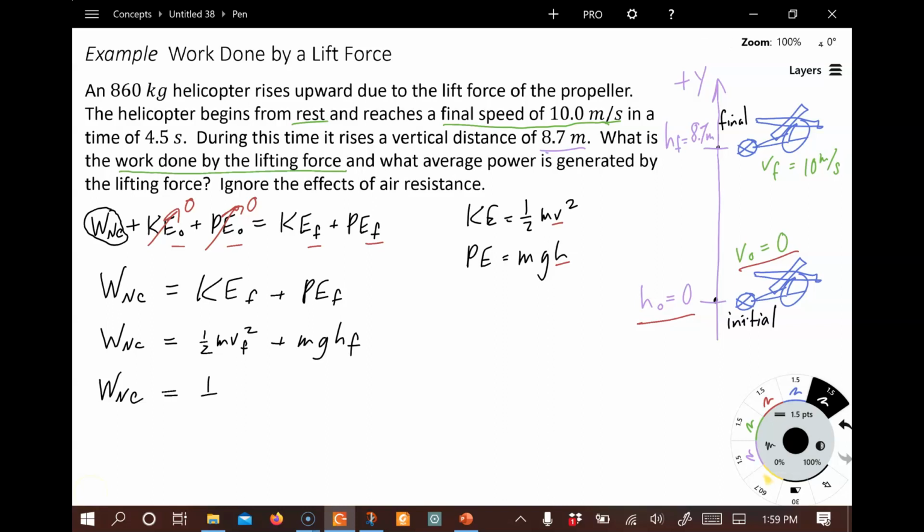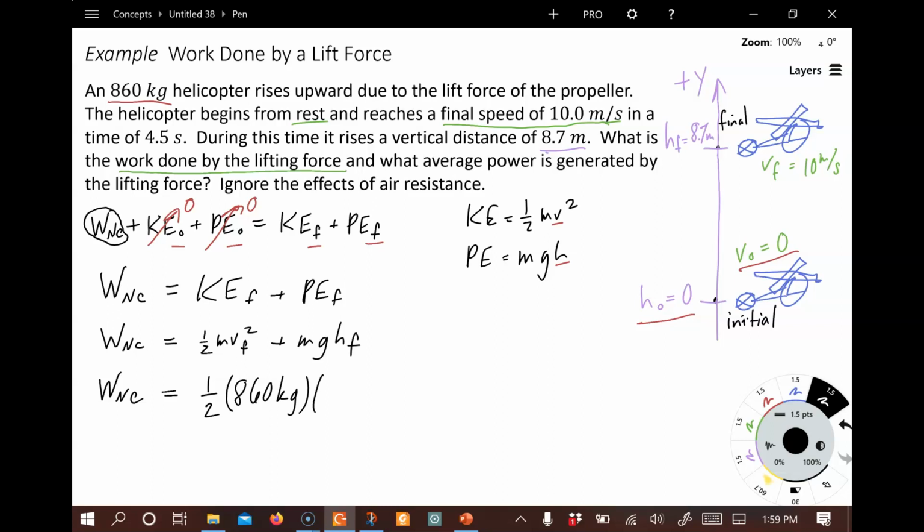Now you may have noticed in the previous problems where gravity alone acted and mechanical energy was conserved that we didn't have to worry about the mass, it canceled. But not this time, because W_NC doesn't have a mass term. I can't divide by the mass, so I need to actually know what the mass is. Good thing we know it's 860 kilograms.